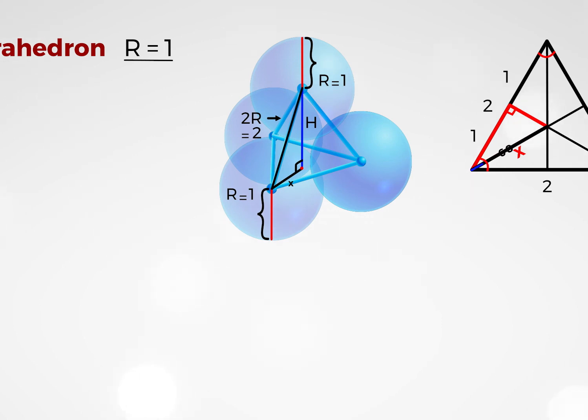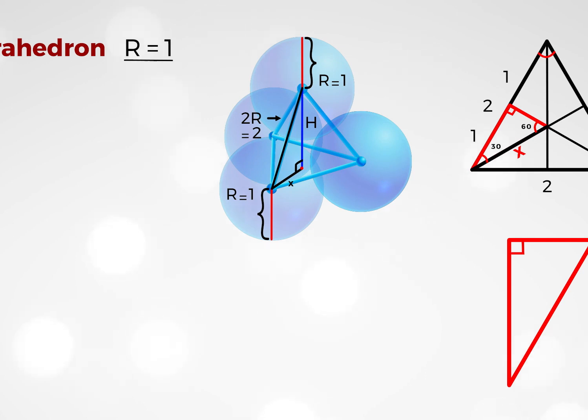But I drew a line that cuts that in half, this line right here. So therefore, this angle in here will be 30 degrees. And since all the angles in a triangle add up to 180, this is 60 degrees. Okay? And then I'll draw that triangle here just to make it a bit cleaner.